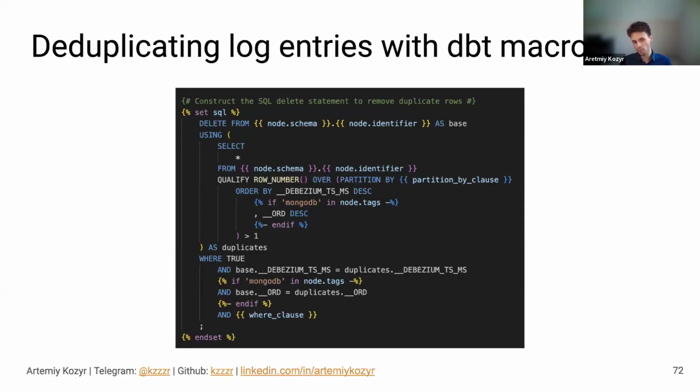So here's an example for DBT macro, which is templated, and I run it once a day, once a week in the night to ensure my tables are up to date and there's no large tail of outdated rows, right?